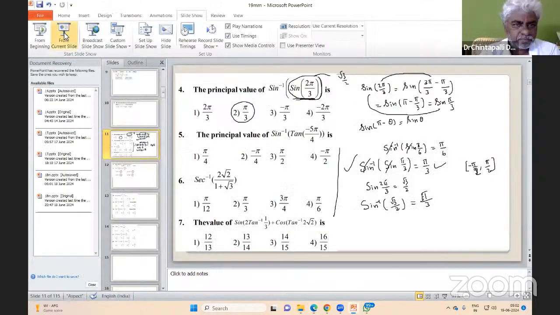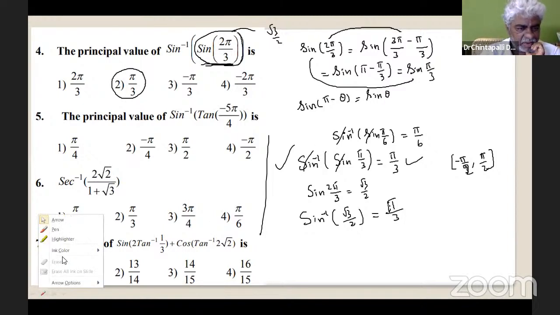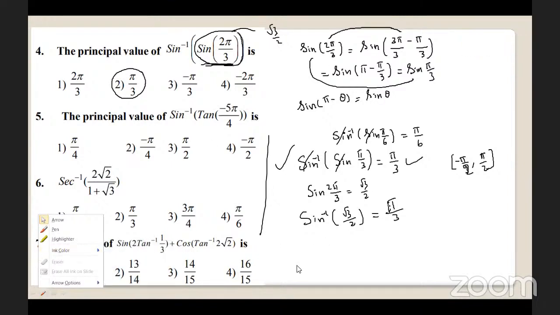Now, we cannot rub it because we have to clear before minimizing this file. We can't clear this. Even the option is not there. Okay, good idea. If you take a screenshot of the entire screen and send it to me, I can clear it and send it back to you so you can replace the slide.